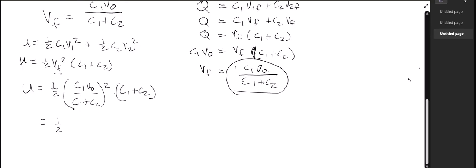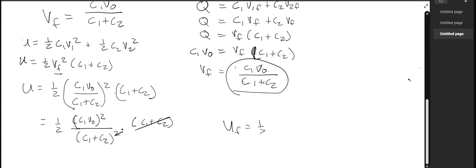Or I can write this as 1/2 C1 squared V naught squared over C1 plus C2 squared times C1 plus C2. And then that cancels with one of those. Or my final energy is 1/2 C1 squared V naught squared over C1 plus C2. So that is my final energy.